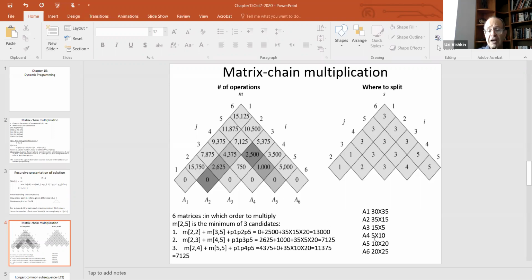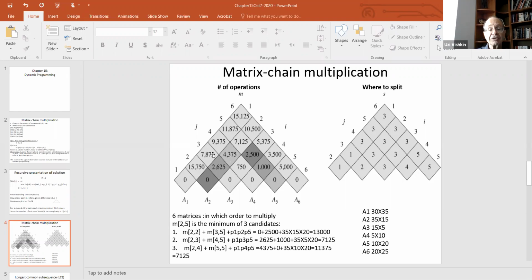Then we have 5 times 10, 50 times 20, 1,000. Then we have 10 times 20, 200 times 25, 5,000. Okay? So we filled this up completely boring, because you have two matrices, you have no choice, multiply them, nothing. So the first row here, where we start having some intelligence, is right here.